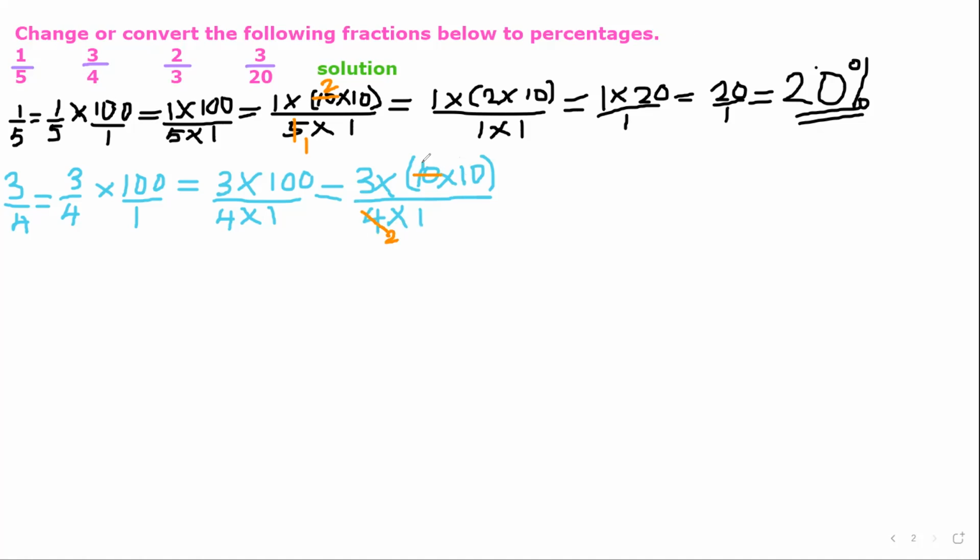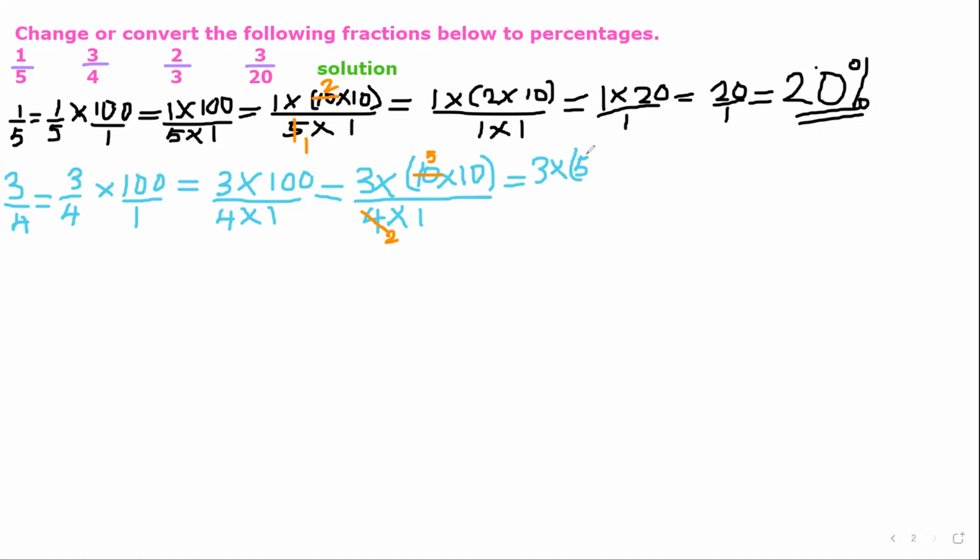Then 10 here, 2 goes here, 5. Okay, good. Now the numbers left here is 3 times, in the brackets when we have the 5.